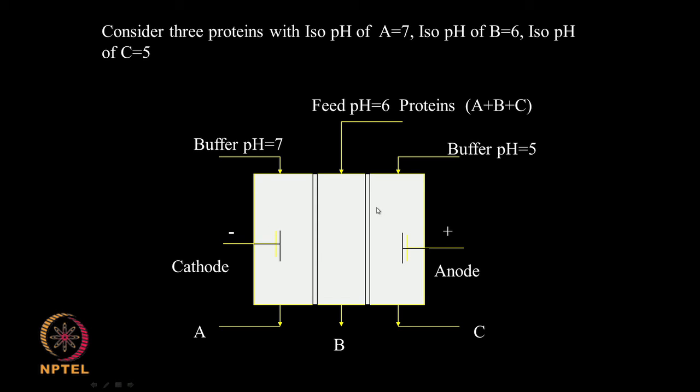This type of system is good if the isoelectric pHs are quite distinct from each other, okay, but still you can have a little bit of mixing in the final compartments because you have the anode and the electrodes coming here. So, the last compartments generally are not very accurate or exact.